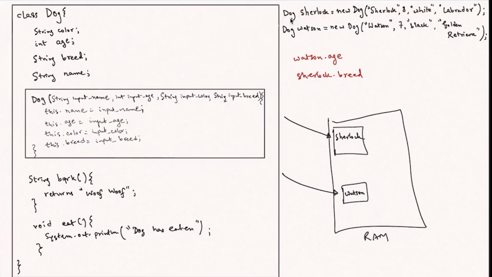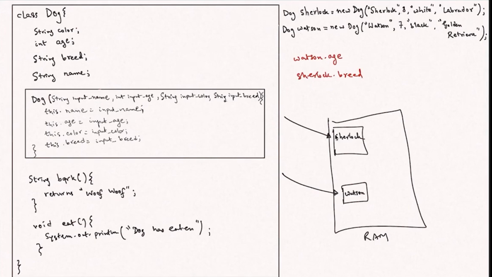So once again, when we created the object named Sherlock, and we input the different attributes in this constructor, this went here, right? And when it went here, it put Sherlock in input name, it put 8 in input age, it put white in input color, and it put Labrador in input breed. And then it said this dot name means, because we're working with Sherlock now, this means Sherlock.